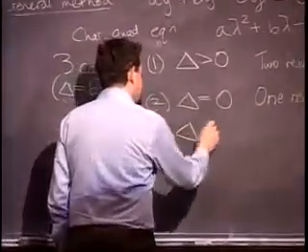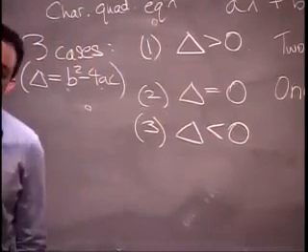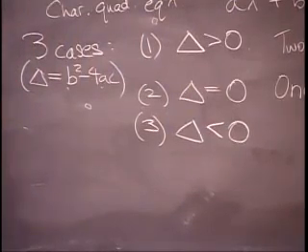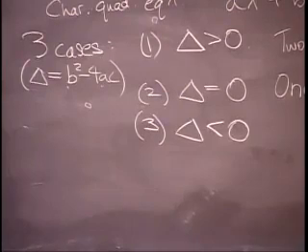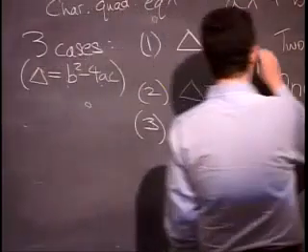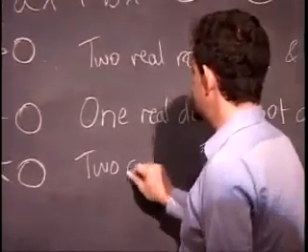The third possibility is that the discriminant is negative, which means that when you pull out the quadratic formula, minus b plus or minus the square root of b squared minus 4ac over 2a, the square root is of a negative number. Well, how do we deal with that? Complex numbers. That's one of the reasons why we spent some time on that. So, 2 complex roots.